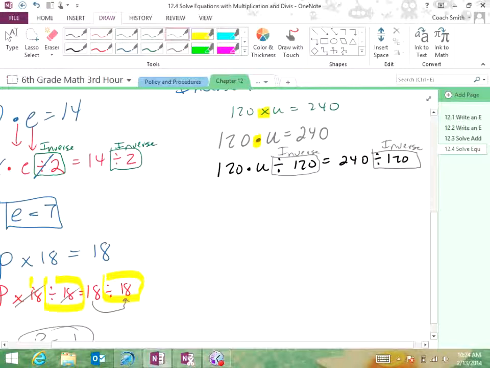Remember, we talked two days ago about it being a scale, and what you do to one side, you've got to do to the other side so the scale stays balanced. On this side, these cancel, leaving me with U is equal to 2, which is 120 into 240.